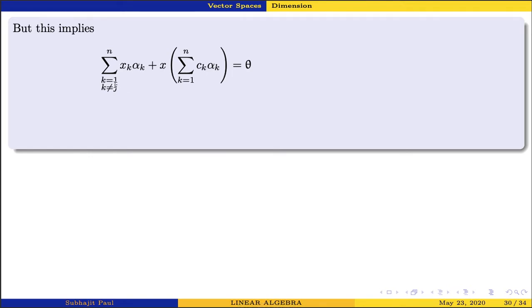So this is, k runs from 1 to n, k not equal to j, xk alpha k plus x times this beta over here, k runs from 1 to n ck alpha k, this equals theta.